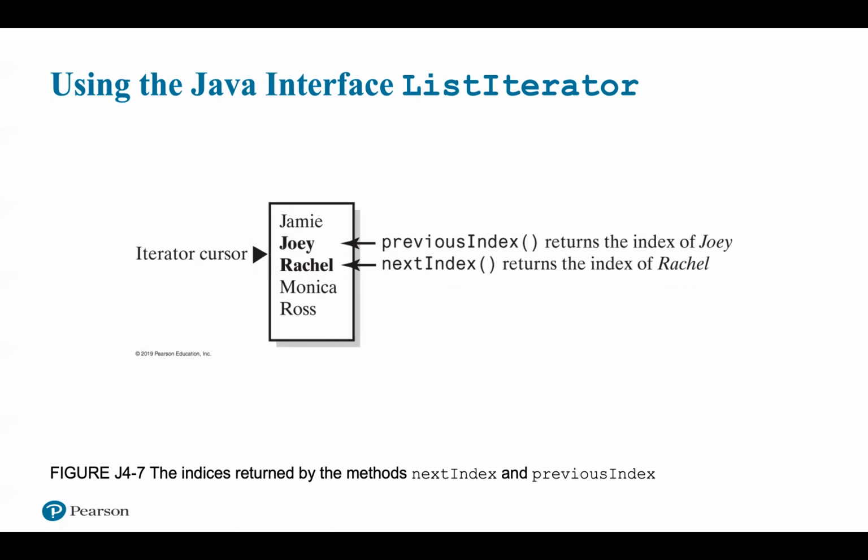A call to next would throw an exception because the iterator is at the end of the list. nextIndex returns the size of the list. Similarly, a call to previous would throw an exception because the iterator is at the beginning of the list, and previousIndex returns -1.